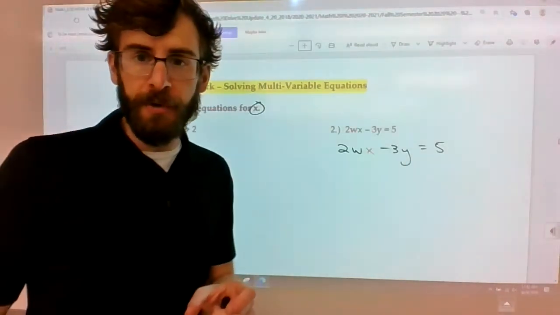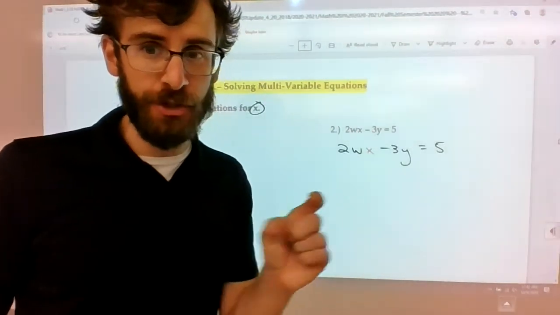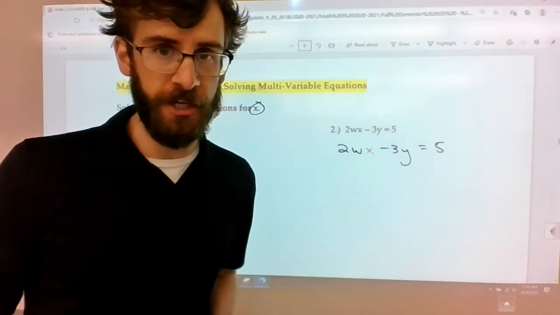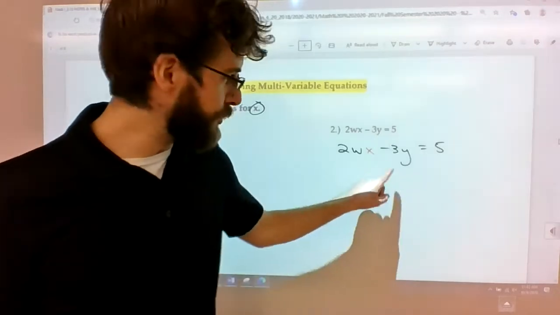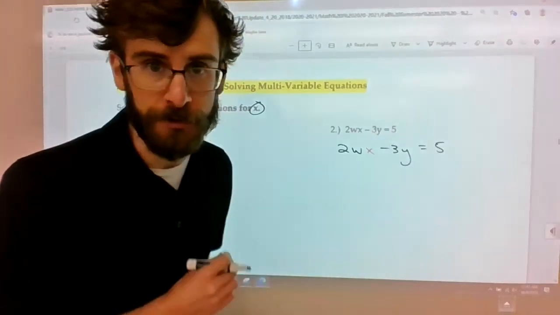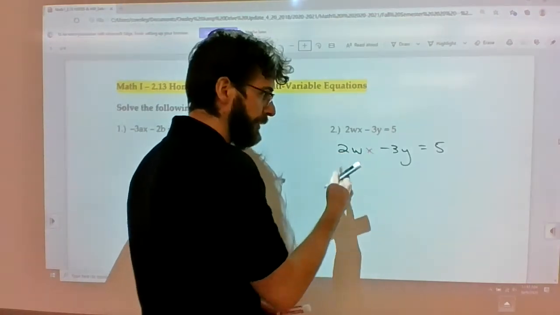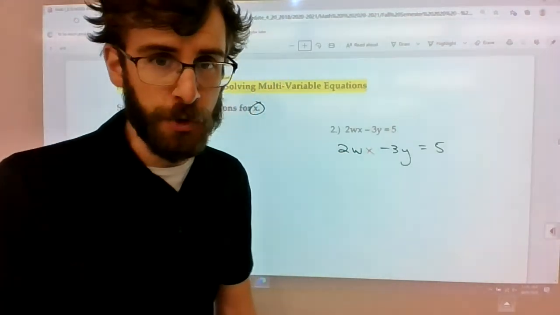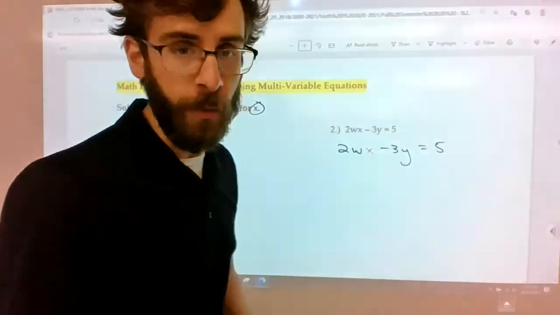So what you should be doing is saying, add or subtract what is not connected to the red x through multiplication. So x is being multiplied by both 2 and w. So you're not going to add or subtract 2w. You are going to get rid of the 3y.